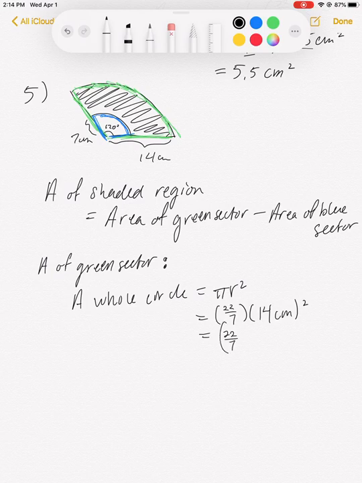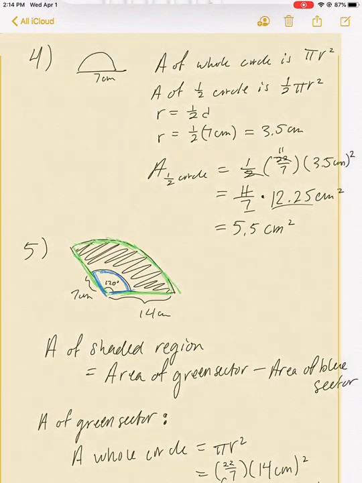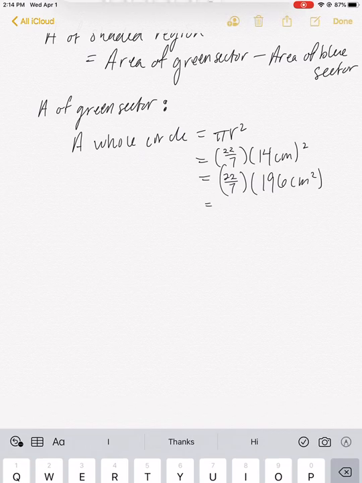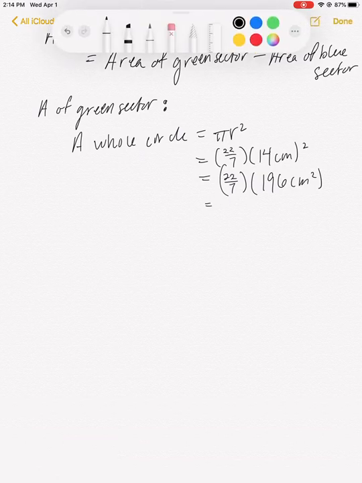I have to square first before I do the pi. 14 times 14 is 196. I take my 196, multiply by 22, divide by 7, and I get 616 centimeters squared.